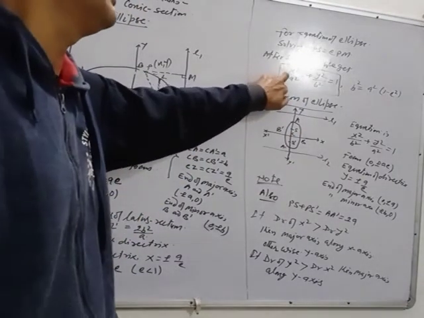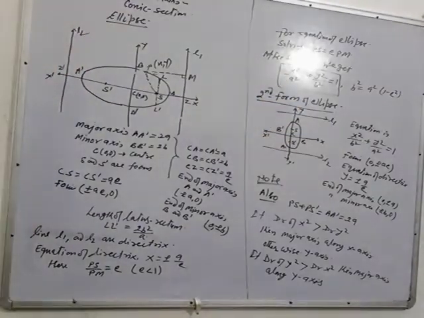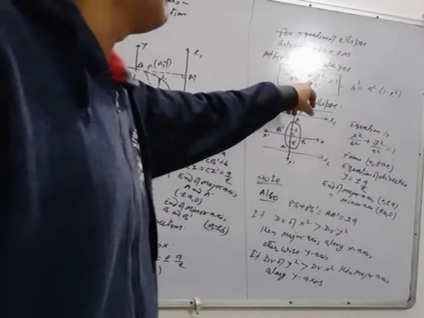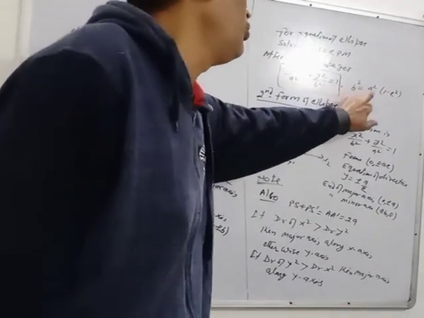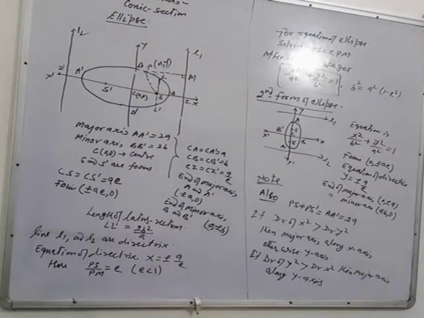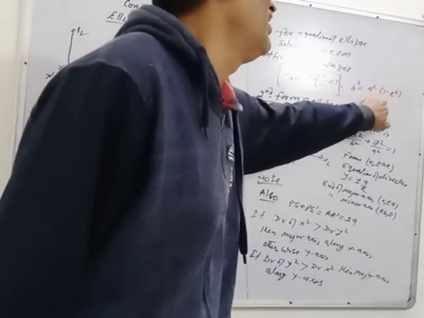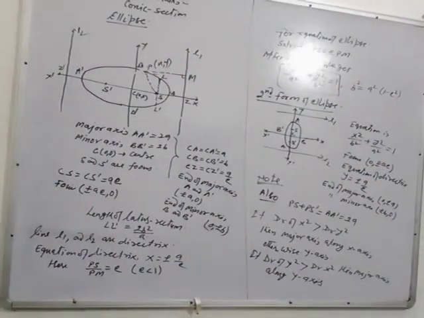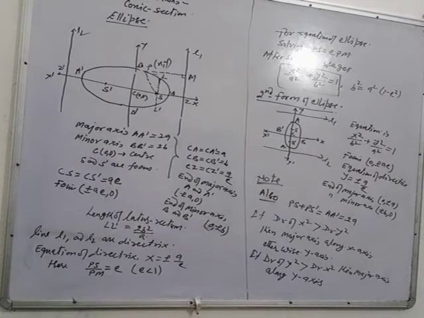Remember, this is a second degree equation in x and y, where b square is equal to a square times (1 minus e square). From this you can determine the value of e when you know a and b.